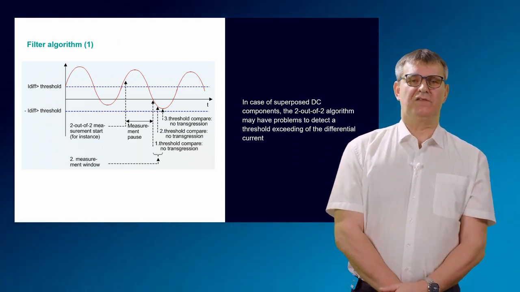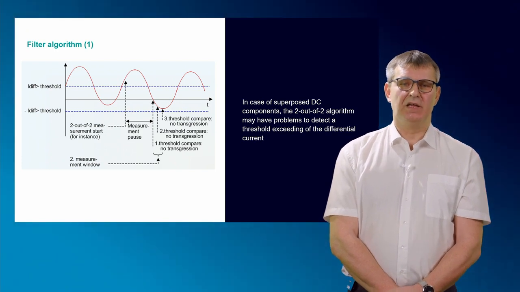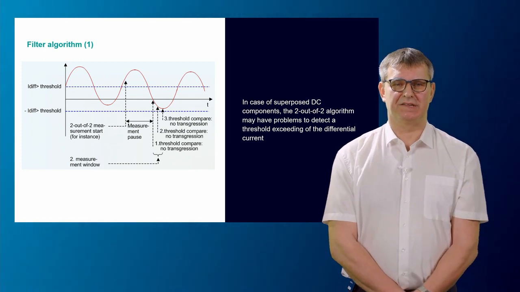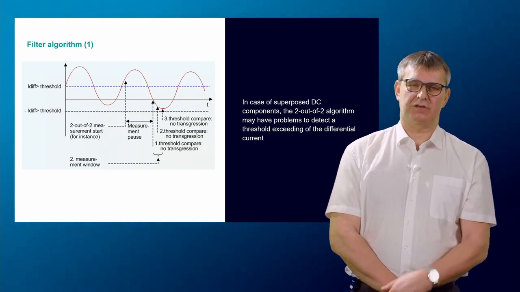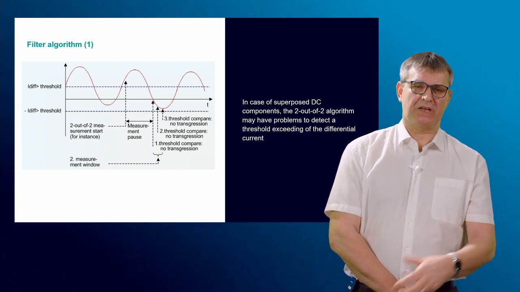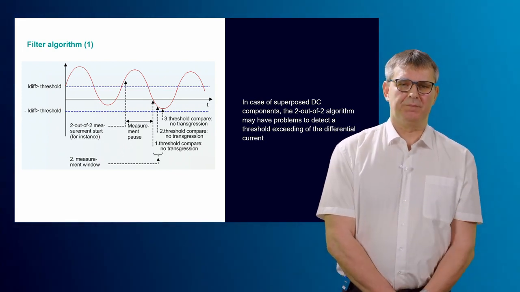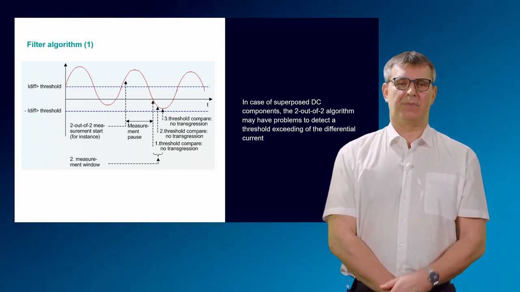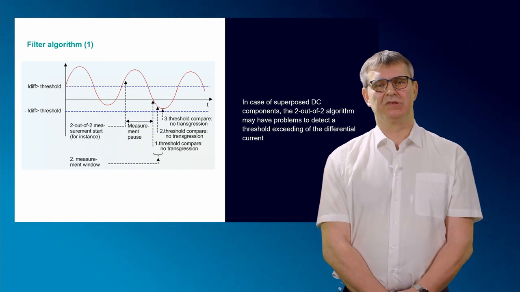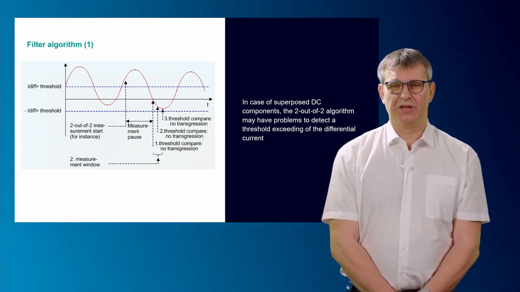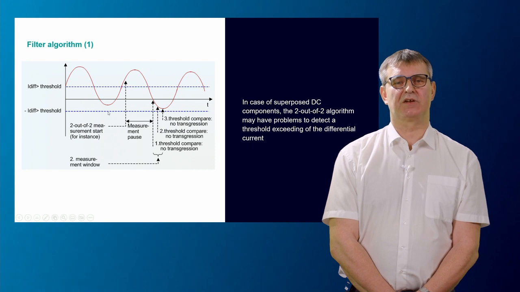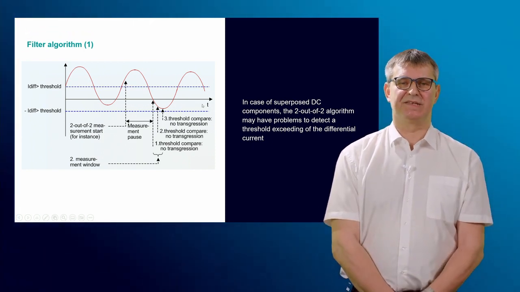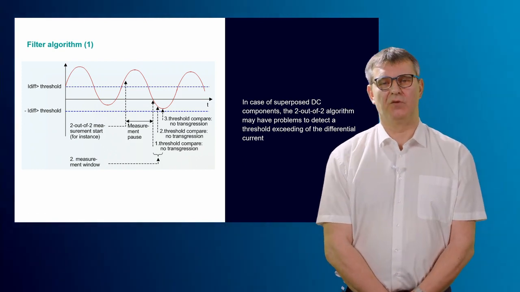If you are only a little bit above the threshold and you have a DC component, then in the positive direction it's no problem to overreach the minimum differential current threshold, but in the opposite direction, due to the DC offset, you will not reach it. And that's simply the problem of the example before.